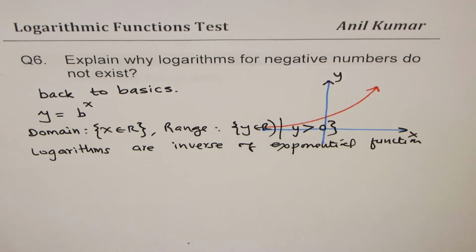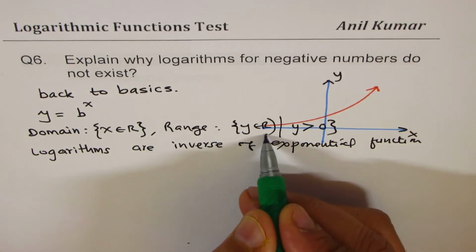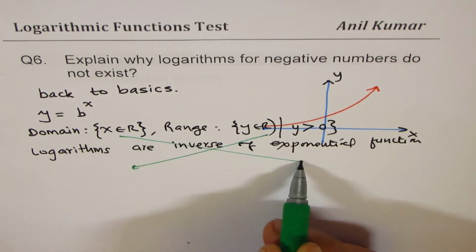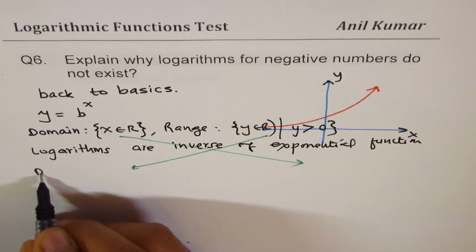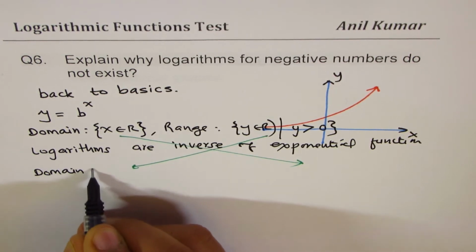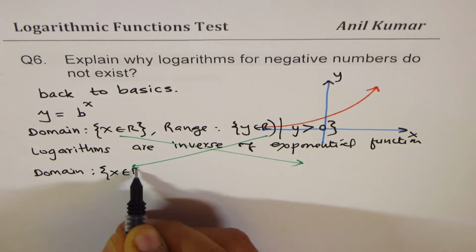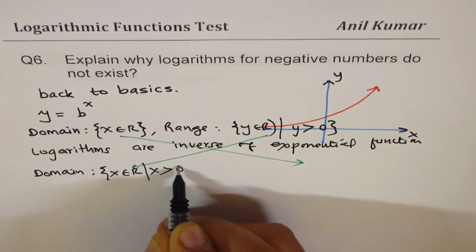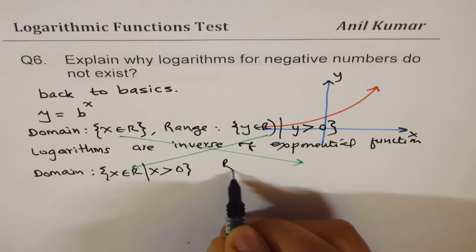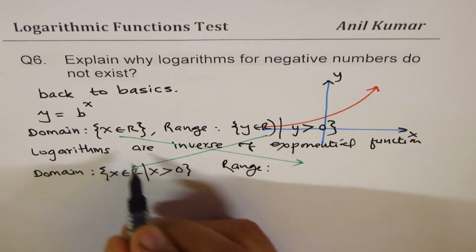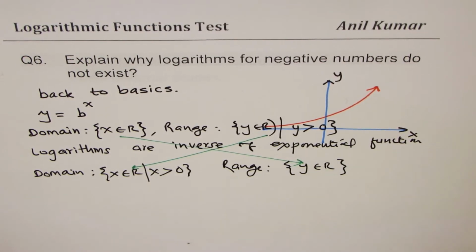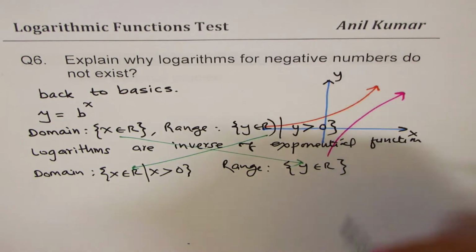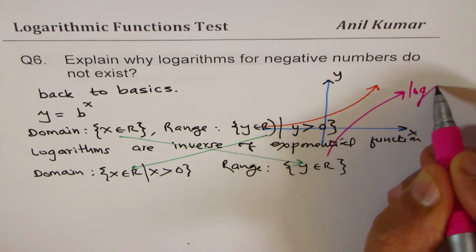Since the y value is always positive, for logarithms the domain and range swap. So for logarithms the domain becomes what? The domain x now belongs to real numbers where x is greater than 0, and as far as the range is concerned, it switches and we say y belongs to real numbers. Is it okay? So what we get here is a logarithmic function which is kind of like this. Do you see that?